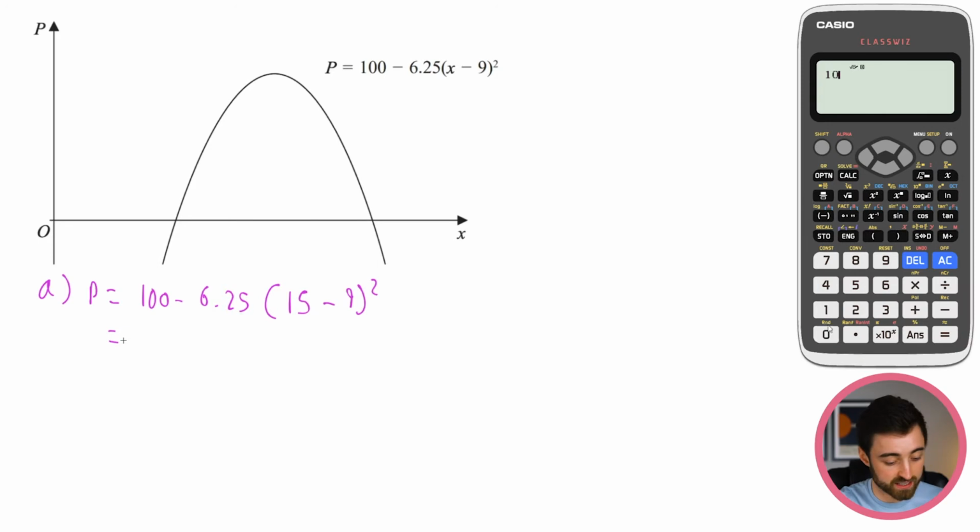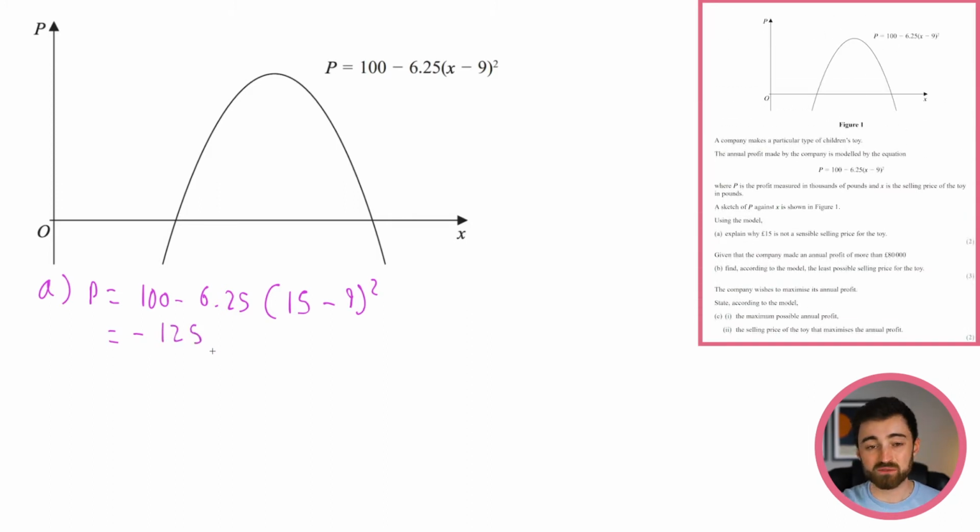Stick it in your calculator: 100 minus 6.25 times 15 minus 9 squared, minus 125. Negative profit is a loss. So that would be minus 125. So if you would be selling it for £15, you would be losing £125,000 each year, according to the model.